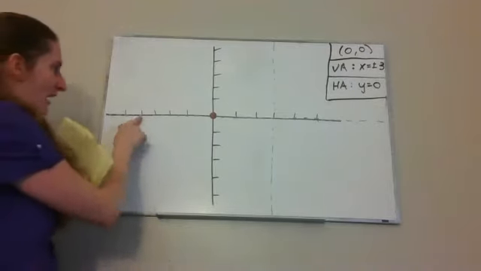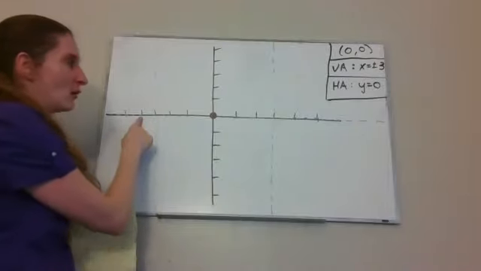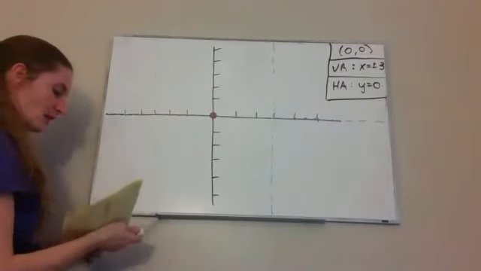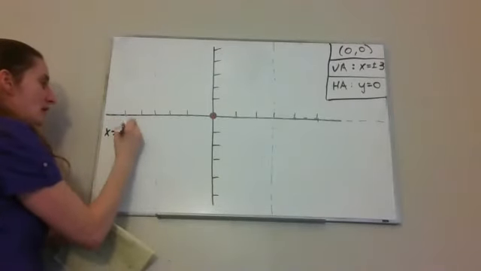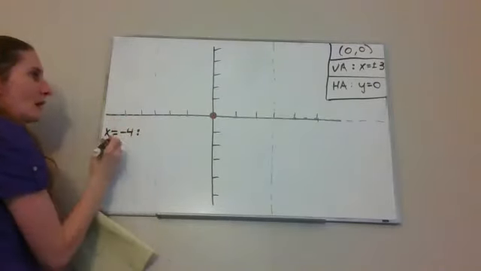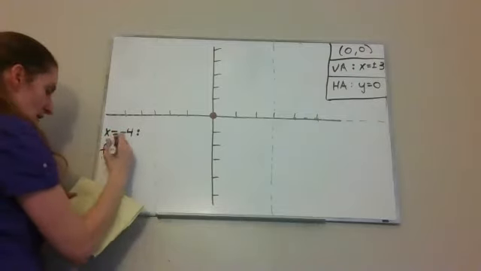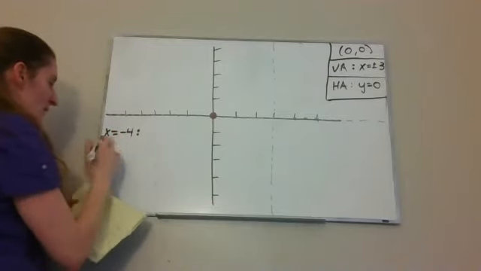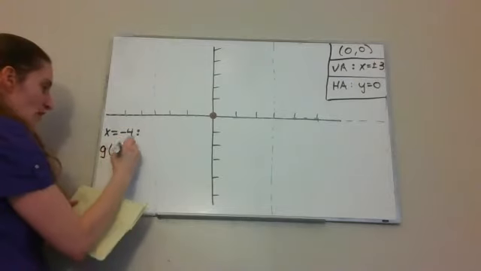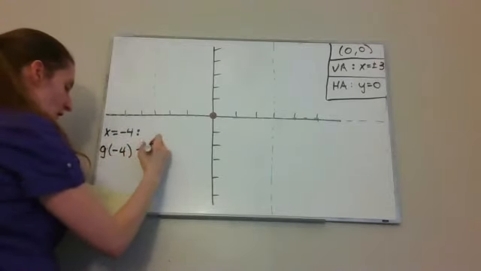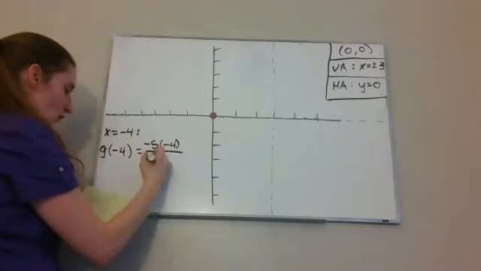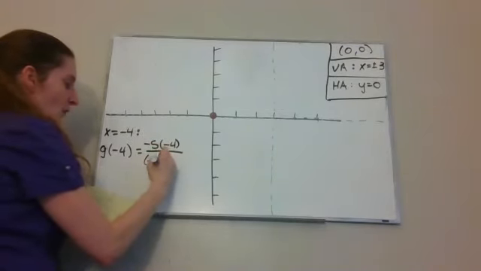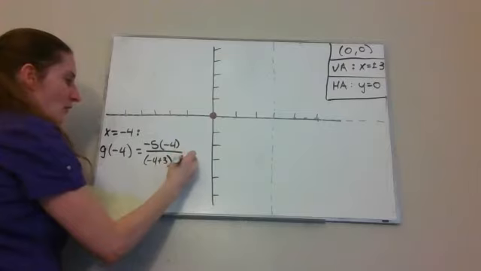So I'm just going to plug in x equals negative 4. That will get me a point. So if x equals negative 4, what is my function? Then g of negative 4 equals negative 5 times negative 4 over negative 4 plus 3 times negative 4 minus 3.